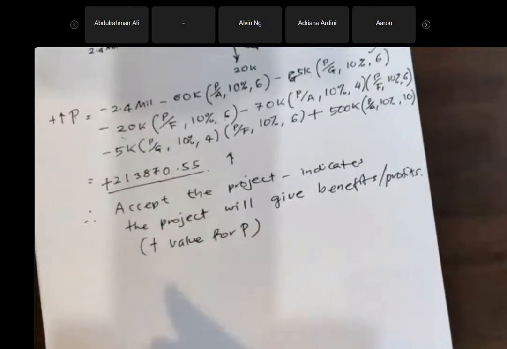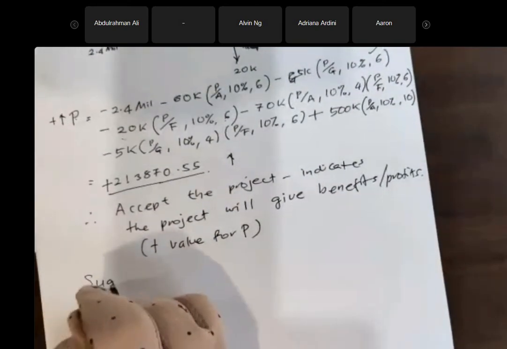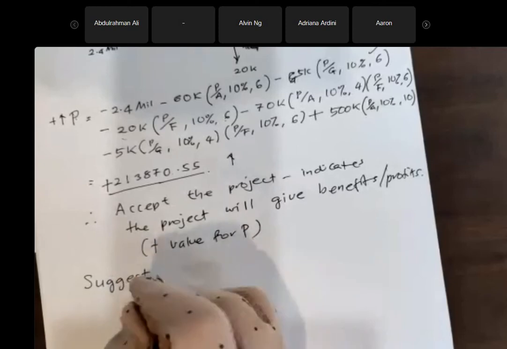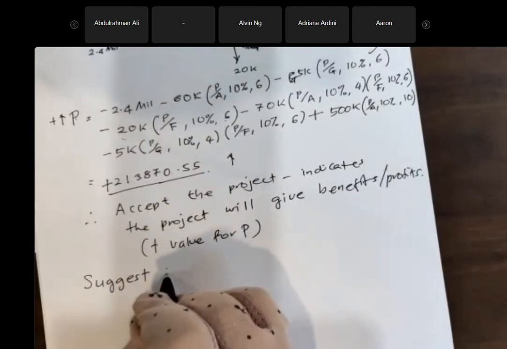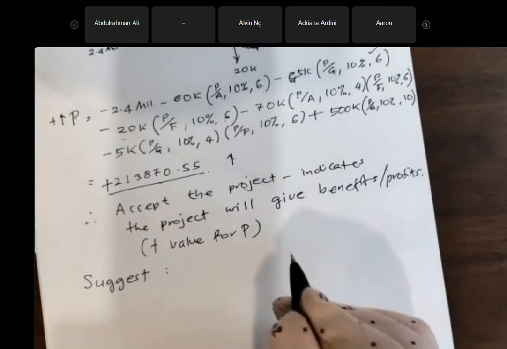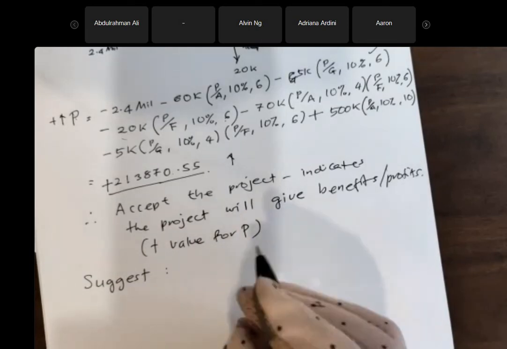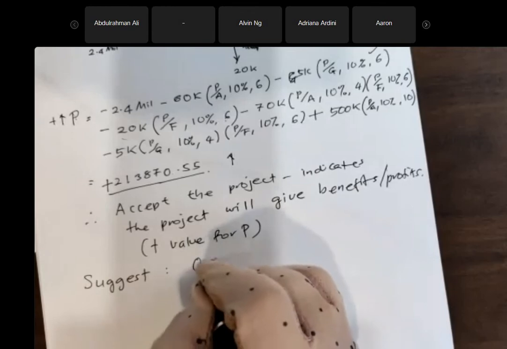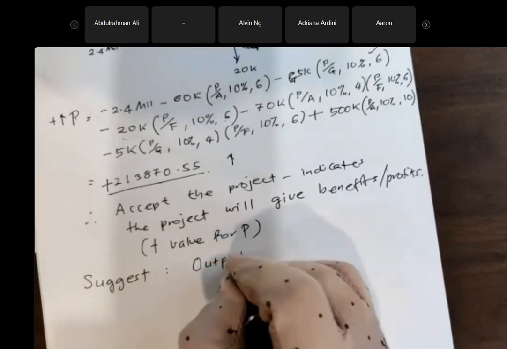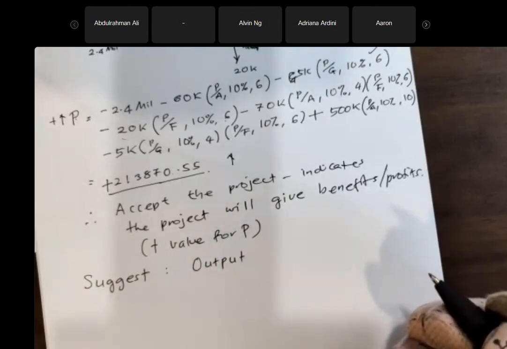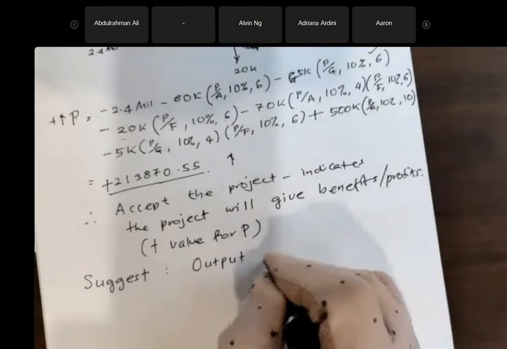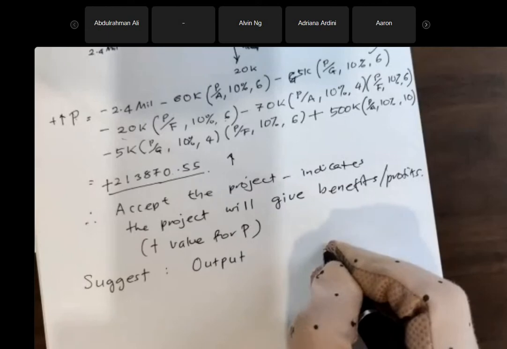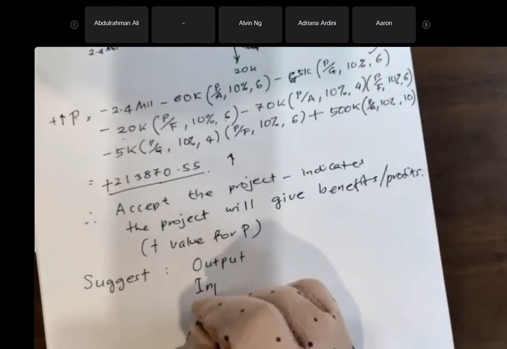Okay, the question asks you to suggest. So how to suggest? You have output. Can you do something about the output? If you have, just put what you can do to the output. Okay, input. Yes, many things that you can do.